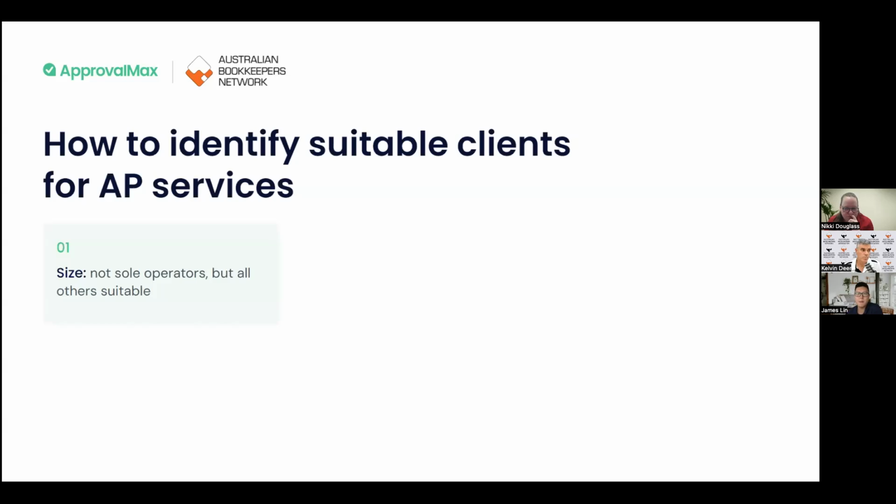I think an AP service makes the most sense for businesses that have grown to the point where the business owner is no longer directly involved in the day-to-day operations of processing invoices, right? The reason for this is usually when they're a sole operator, they're deeply involved in their business, so they know every bill, every expense that needs to be paid.